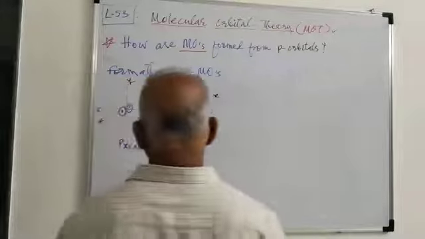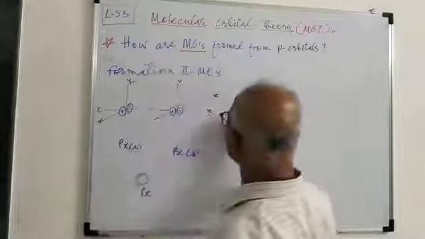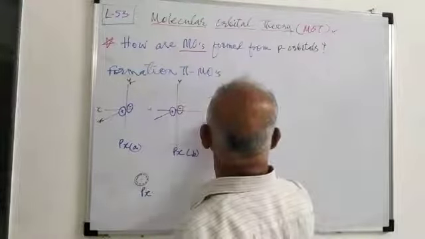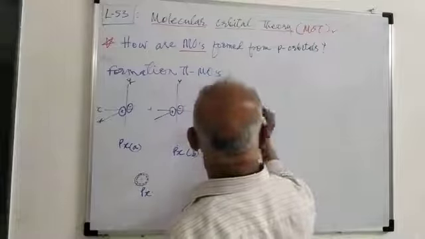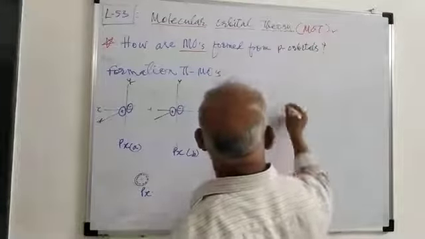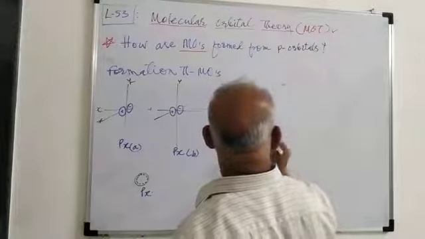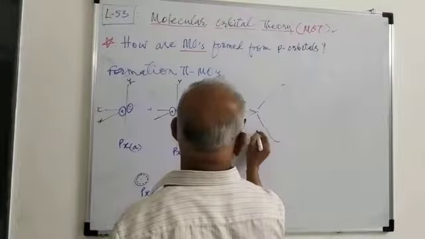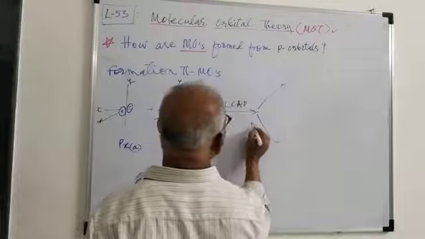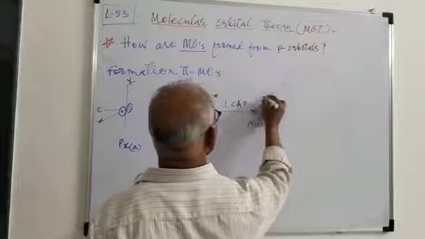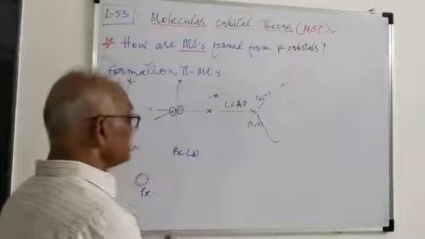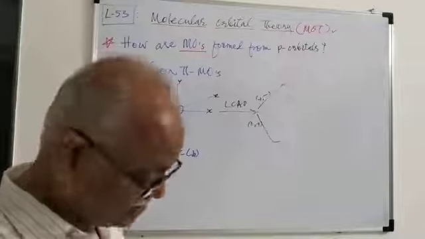And when these two orbitals undergo linear combination with each other, LCAO, they will undergo this type of addition overlap, meaning the plus-plus and minus-minus signs, plus-minus signs of additions will take place.